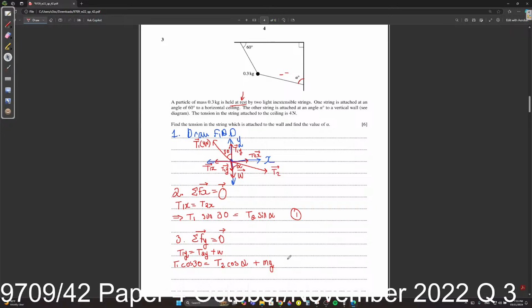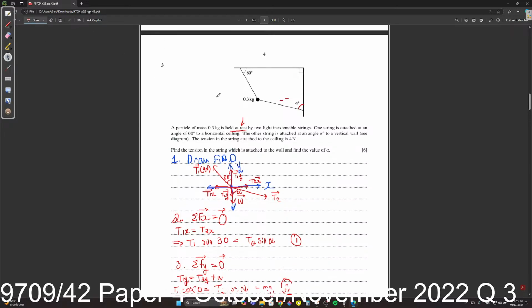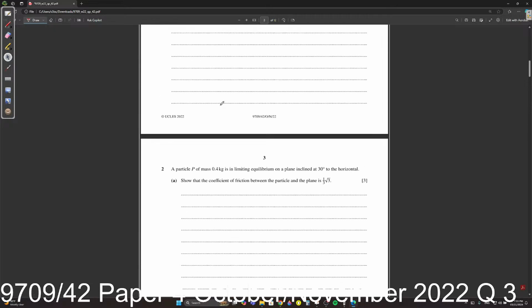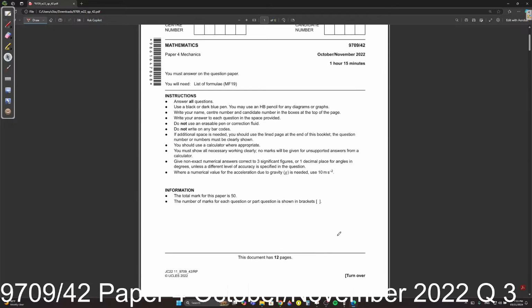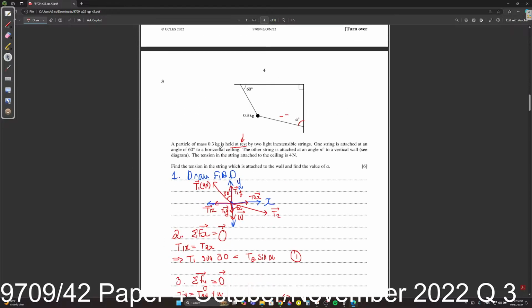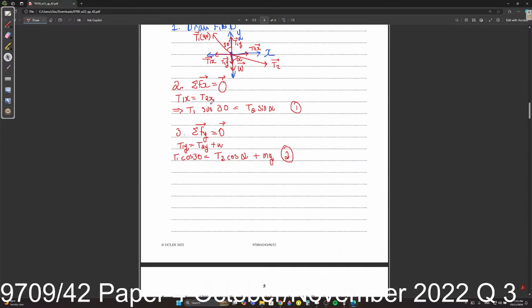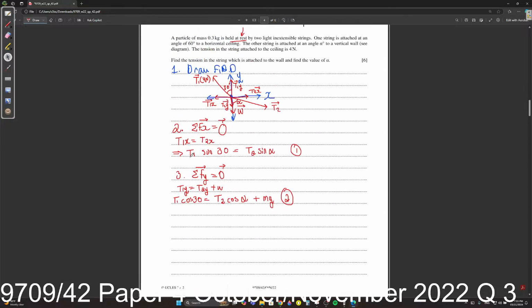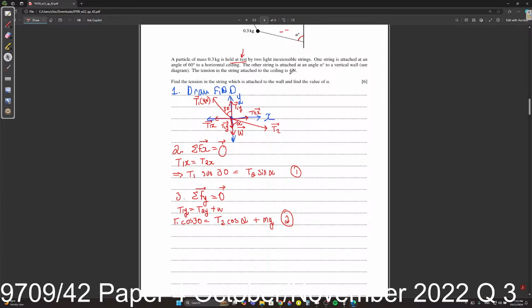Okay, we now have our two equations. We can start to substitute. Before I substitute, I want to see what they told us to use G as. Use G as 10. Okay, so we're going to use G as 10. For the first one, T1, they told us, is 4 newtons. So we're going to replace T1 with 4.